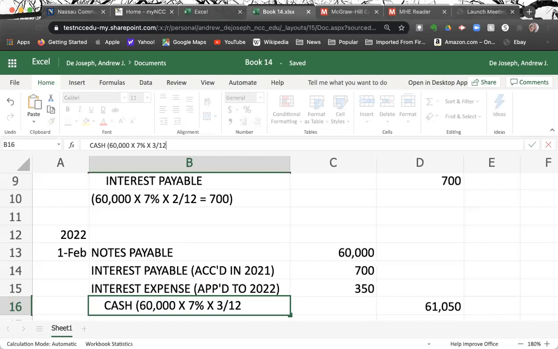Now, 3 months out of 12 is 1/4, isn't it? So what's 60,000 times 7% divided by 4, or times 1/4? Let me do that math again, just to make sure that I did it right. 60,000 times 0.07 is 4,200 times 1/4, divided by 4, is 1,050. Okay.